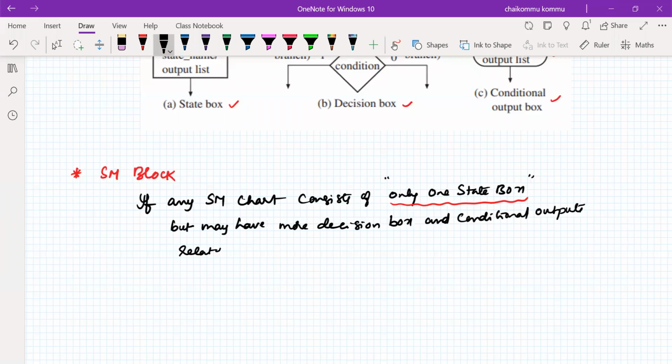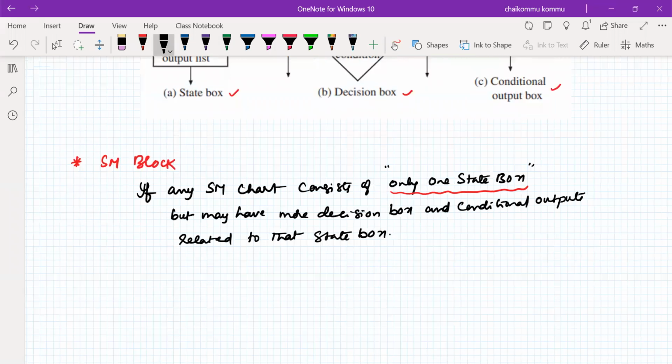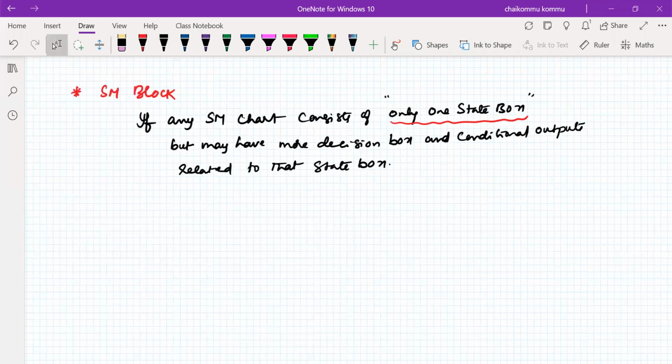It's very important, related to that state box. That point we should not forget. So how does it look? Let us say something like this.